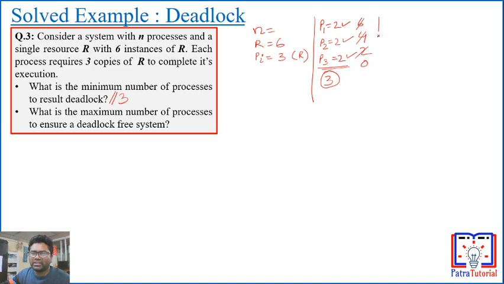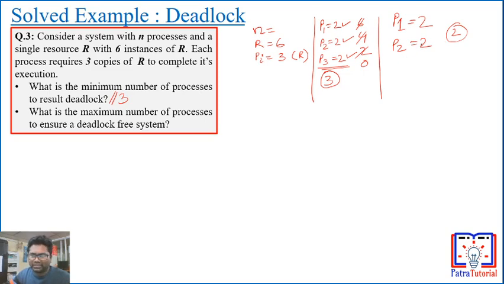To find the maximum number of processes, suppose I allocate 2 instances to P1 and 2 instances to P2. Now I have 2 more instances left in my hand. If I take one more process here, then it will go to the deadlock state.